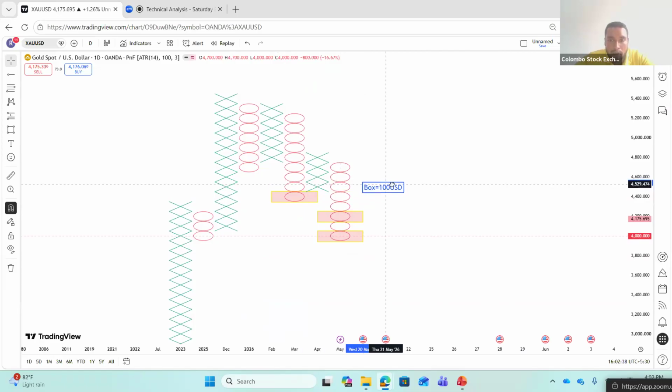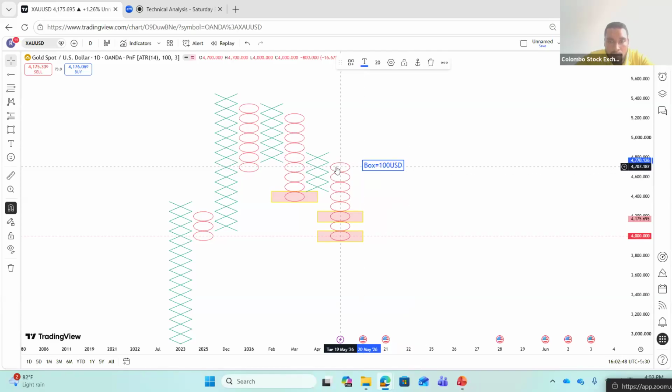So one box or one X or O represents a 100 USD price movement. So what does this O mean? The price has gone down by 100 USD. And what does this X mean? The price has gone up by 100 USD. And when we actually, wait.